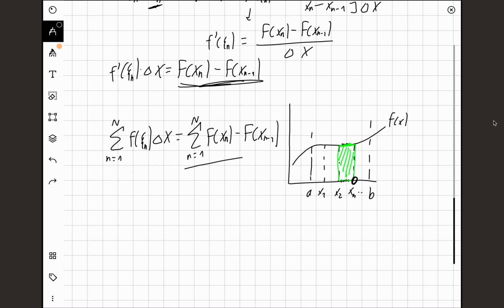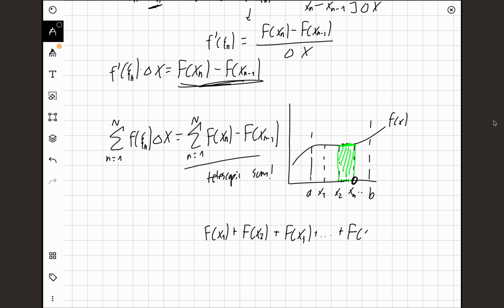This over here is the telescopic sum. Why is that crazy? What is a telescopic sum? Well, let's see what happens if I write these in these terms all together. The sum of f of xn from n equals 1 to N will be f of x1 plus f of x2 plus f of x3 all the way to plus f of xN.